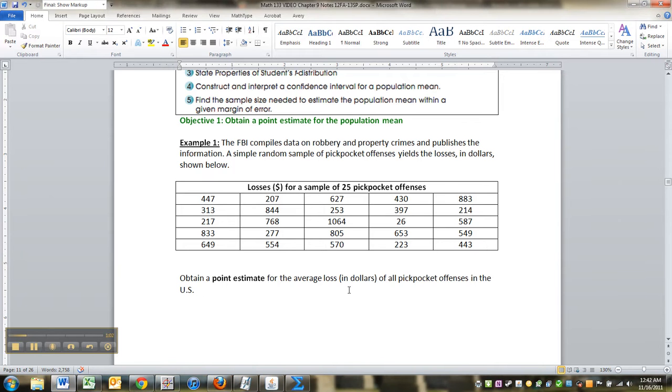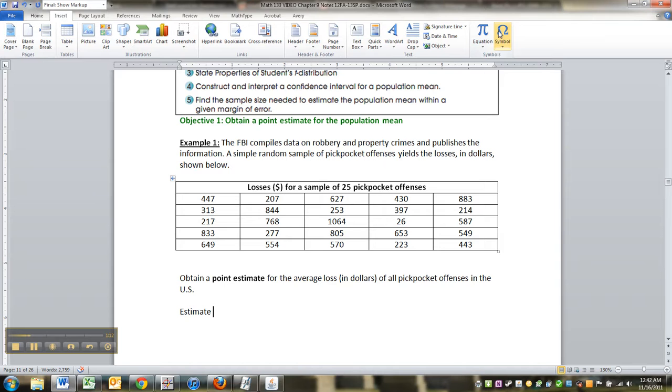So they want us to estimate mu, right? Isn't that what they want? If you're talking about the average for all offenses, the point estimate is the best guess for mu.